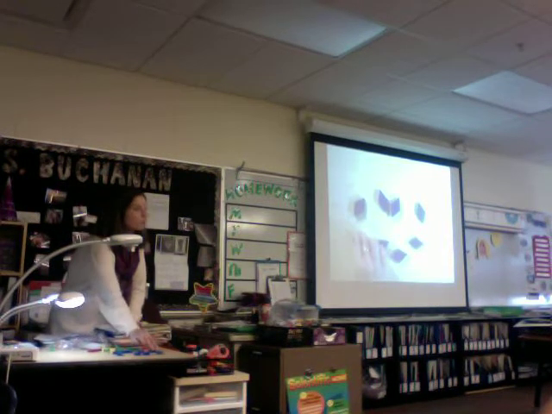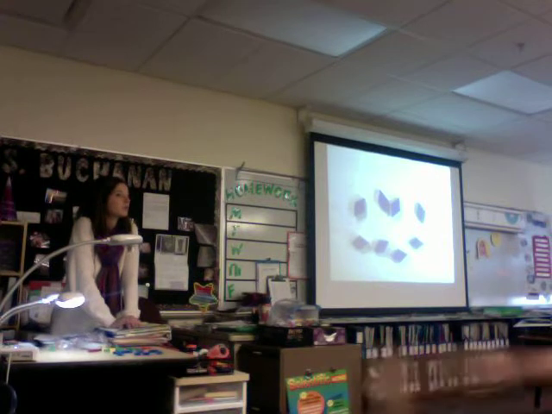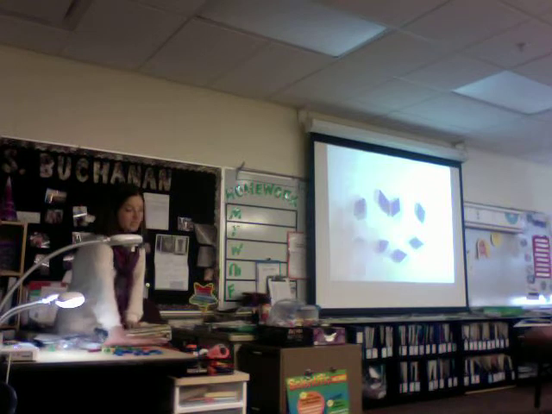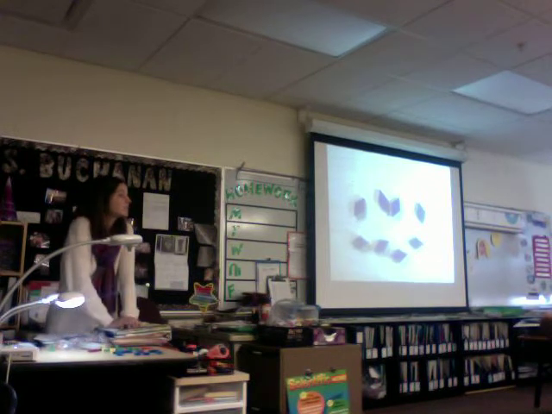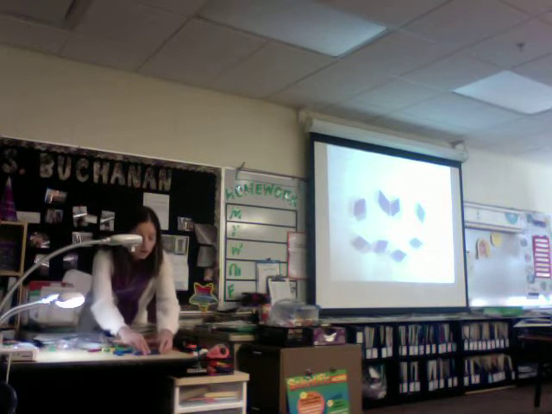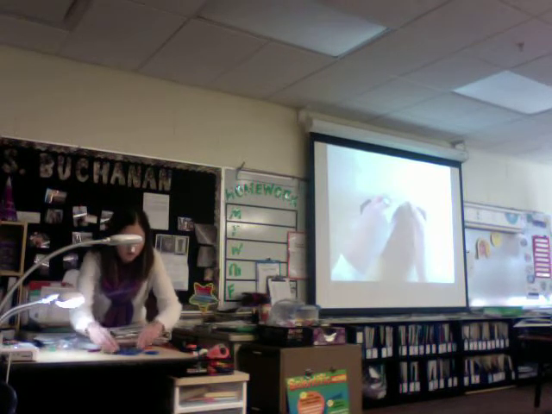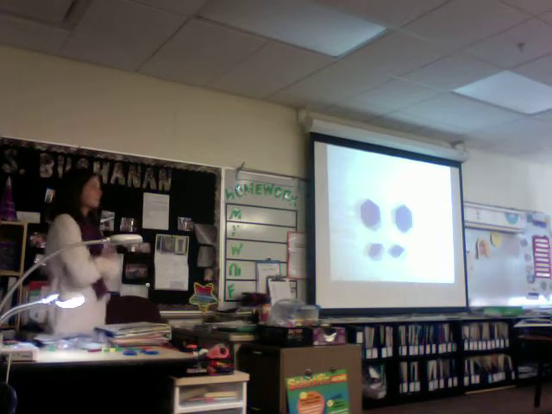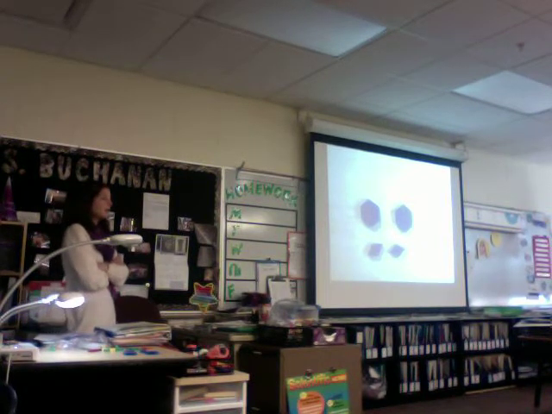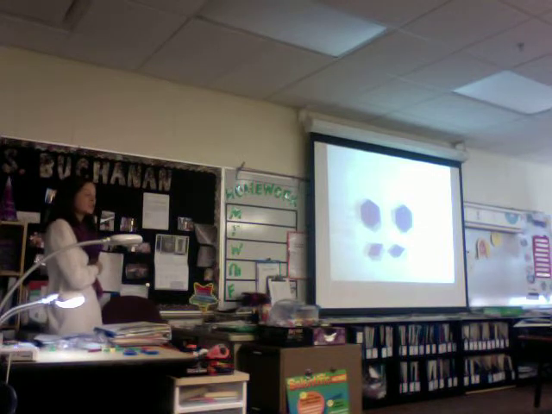How much did each rhombus represent? Jasmine, 1/3. So these rhombuses equal 8 over 3, 8/3. 8/3 is equivalent to 2 and 2/3. So 2 and 2/3 is your improper fraction, and 8/3 is your improper fraction. They're just 2 different ways to write it.